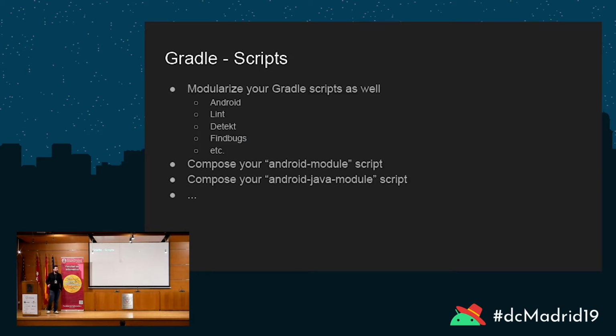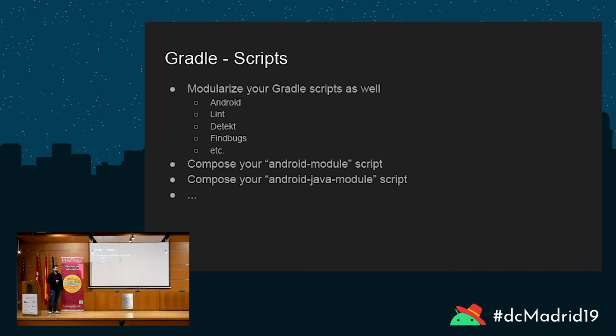So we talked about referencing, but we need things to reference as well, right? You have all the scripts, tasks, and so on that are defined in your Gradle configuration. You can also modularize those, like an Android block with minimum SDK, and then you have your source configurations, etc. You can extract that as a separate script.